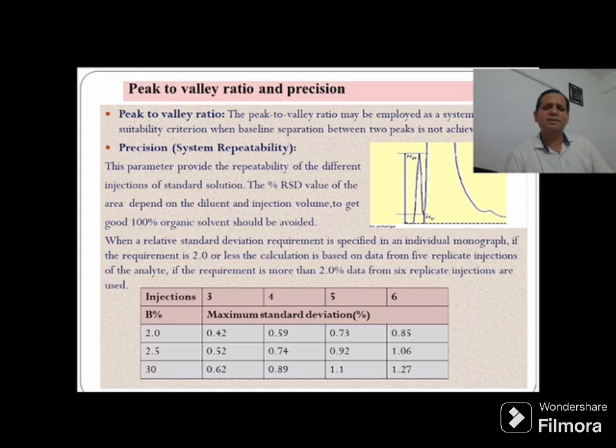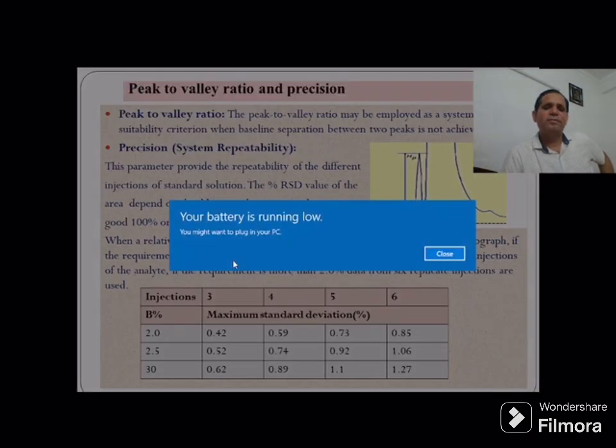So I will discuss there how much percentage difference we can make in the pH value, or how much percentage composition of the mobile phase we can alter, or how the column length we can alter to achieve the system suitability, so that no further validation is required. So in the second video I will discuss these parameters.